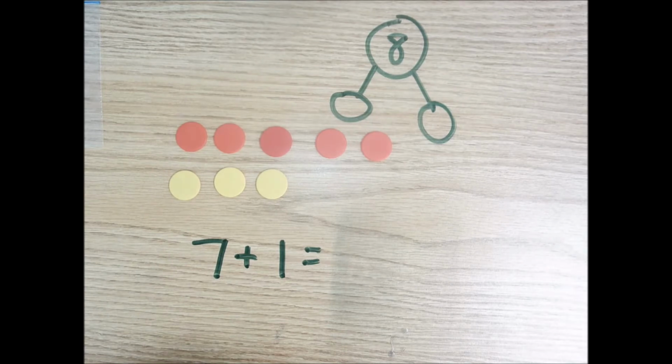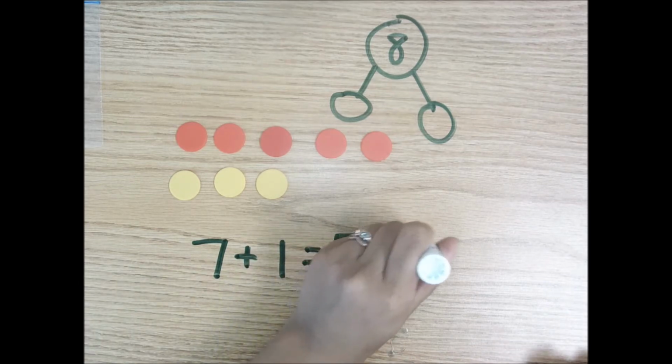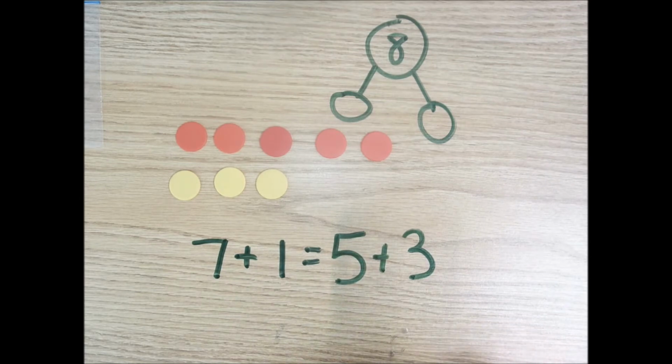Has my whole changed? My whole is still the same. My parts, however, are now 5 and 3. Let's read that. 7 plus 1 is equal to 5 plus 3. Is that true? It is true. Good job.